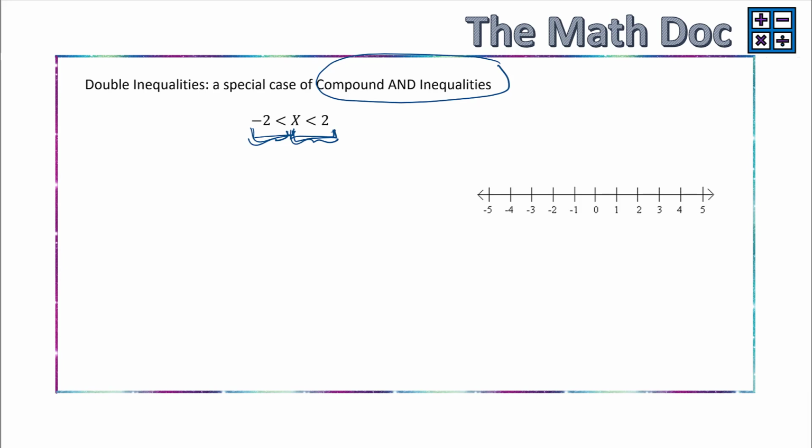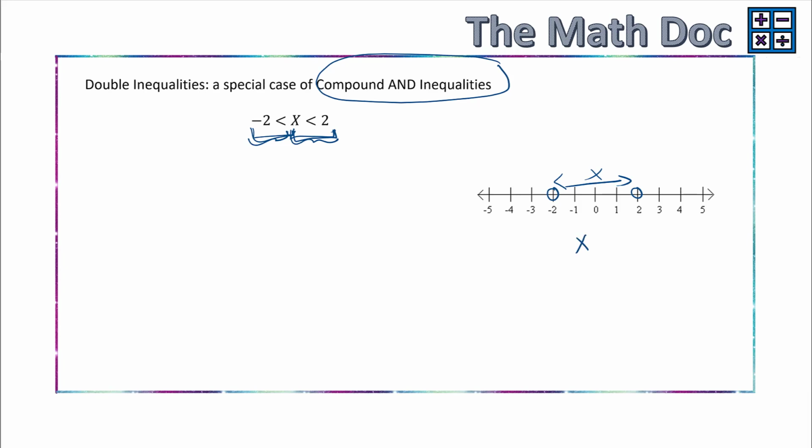In this simple example, we can see this on the number line. We have x larger than -2 or and smaller than 2. Definitely not or, but and smaller than 2. So we have -2 here, and we have +2 here, and x can be anywhere in between these two numbers.